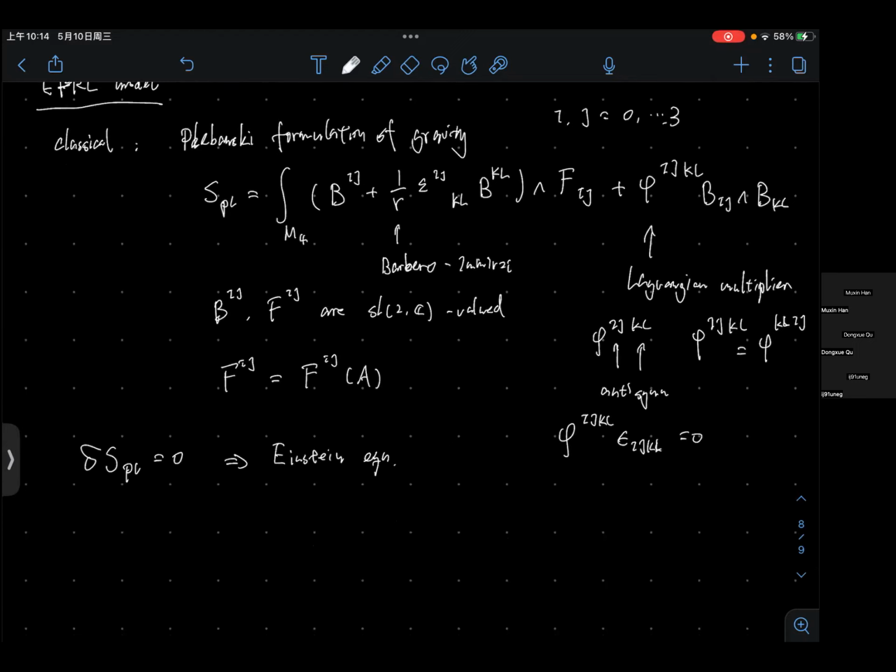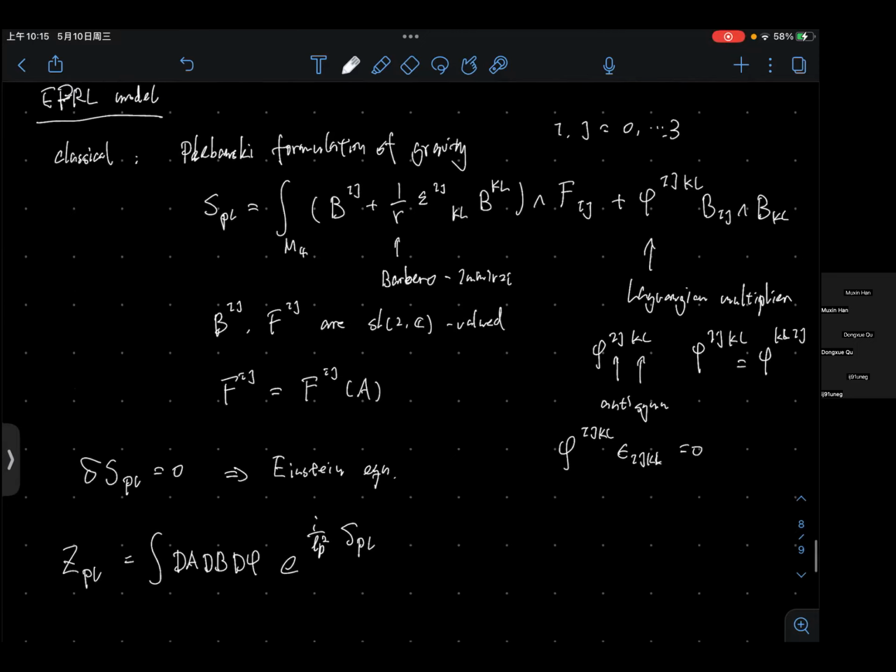Now let's look at the quantum theory by formally writing down the path integral. We have three kinds of fields: the B field, the connection A, and this Lagrange multiplier. Formally we can write down the path integral, where Planck length squared is h bar times G Newton.